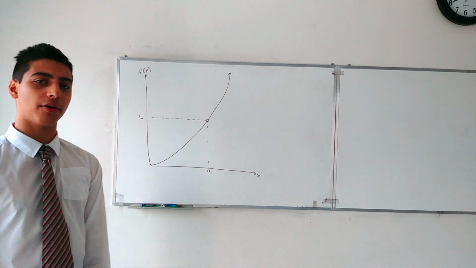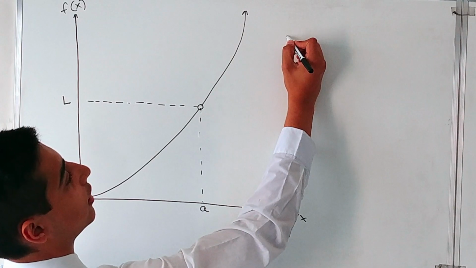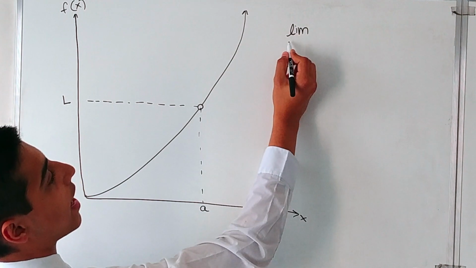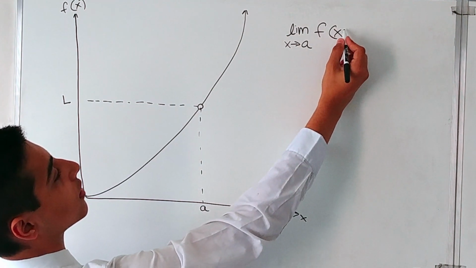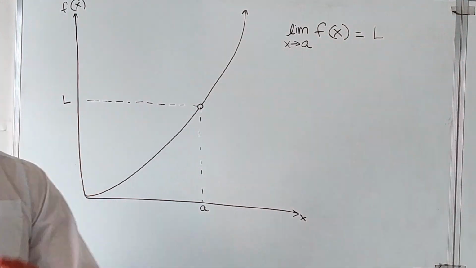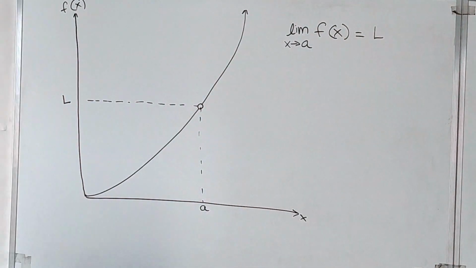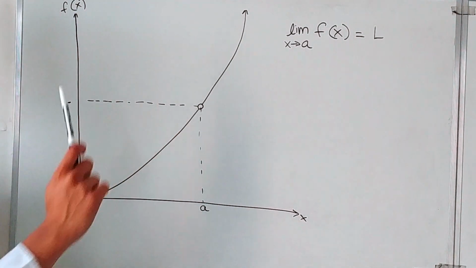So what can we say about this point? We can say the limit as x approaches a of f of x equals L. So what I want to do now is simple. I want to get extremely close values to L, but I can never equal L, once again, because it's undefined.